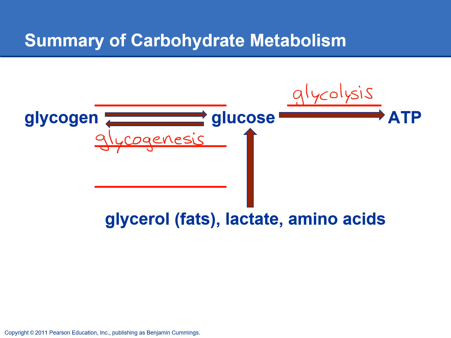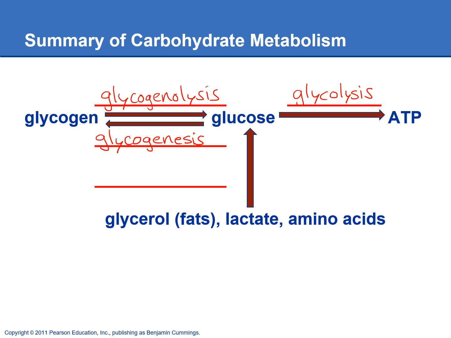And then if it's been a while since you've eaten and you need to release some glucose into the blood, you can take your glycogen stores, like in your liver, and you can break those down into the glucose. So breaking the glycogen down into the glucose, that's called glycogenolysis. So you have glycogen, and then lysis is to split or break apart.